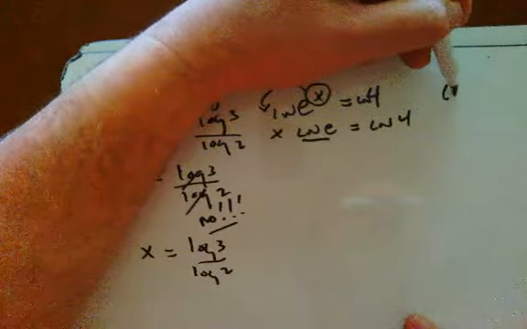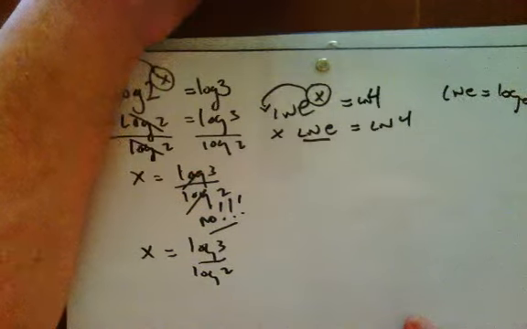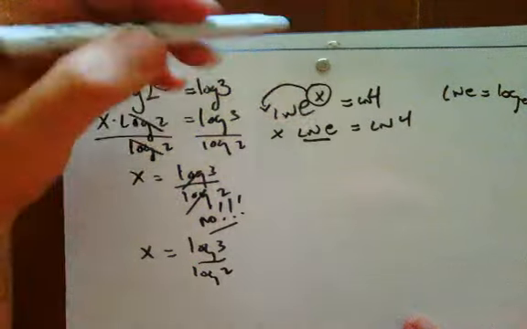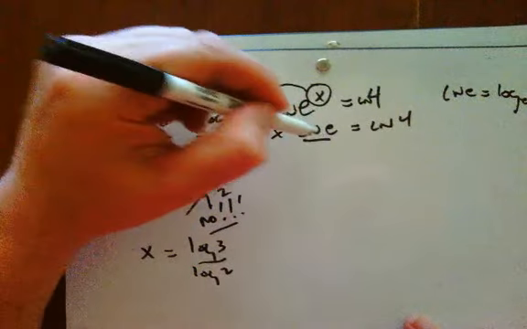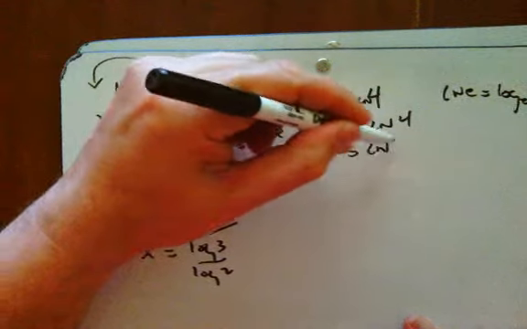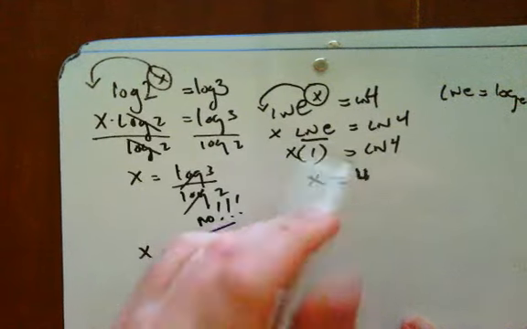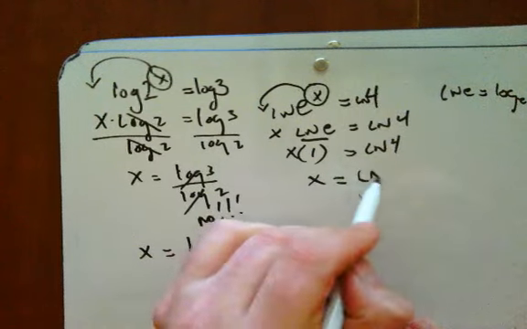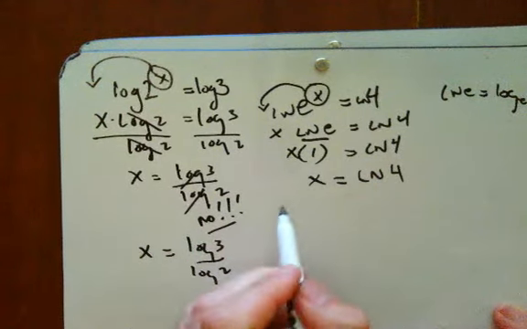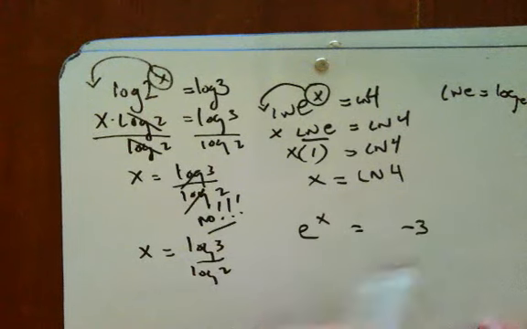Ideally, from Friday, you remember that the ln of e is equal to 1. But if you're not sure about that, remember, ln of e is the same as log base e of e. And we said yesterday that log base e of e was 1. Okay, so we have 1 times x equals ln 4, or x equals ln 4.